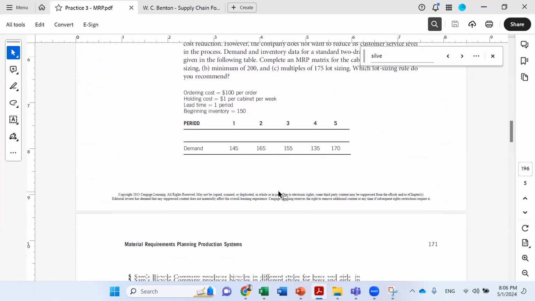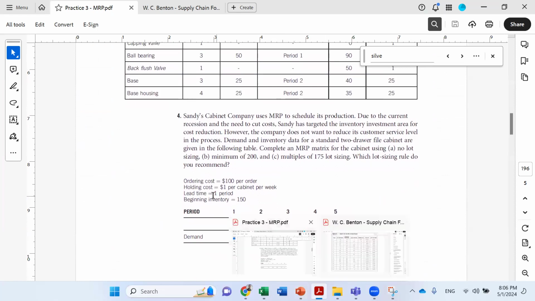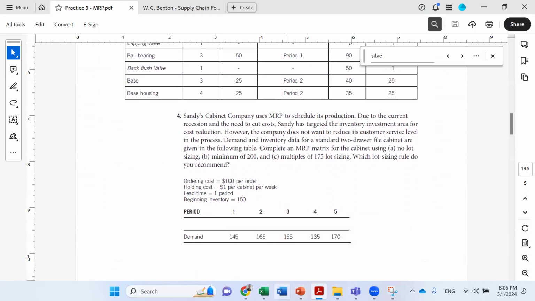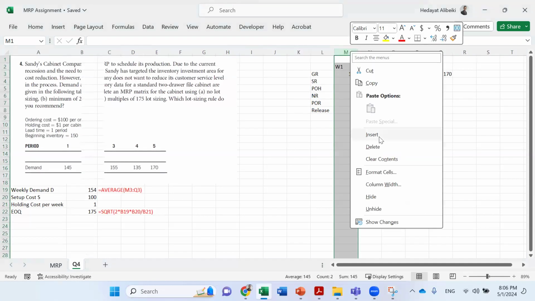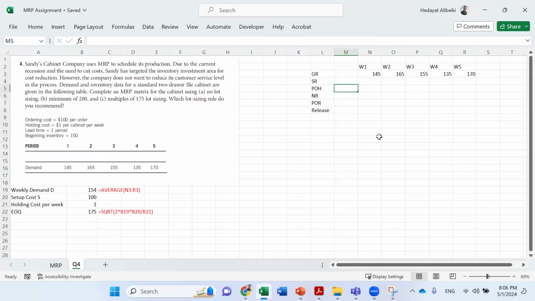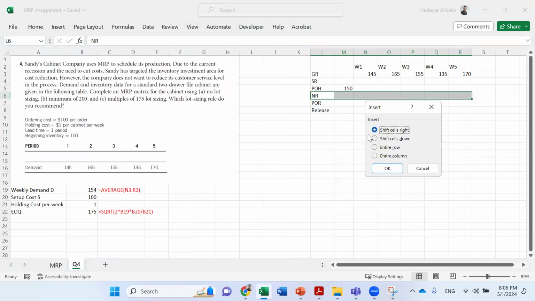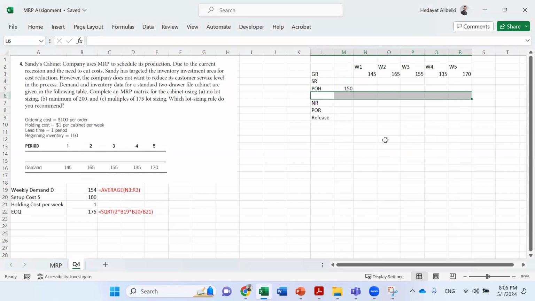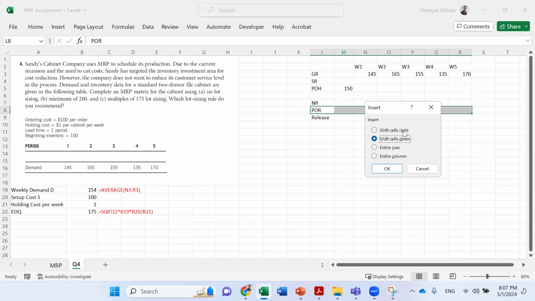There's really nothing, right? It doesn't say anything about scheduled receipts. Okay. Beginning inventory is 150. Net requirement also, right, for the formula here too.